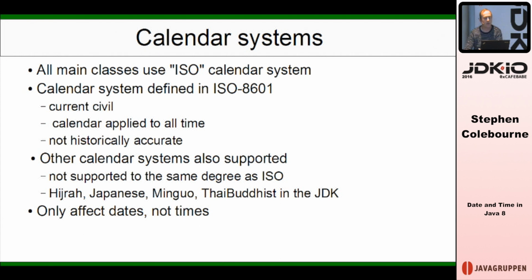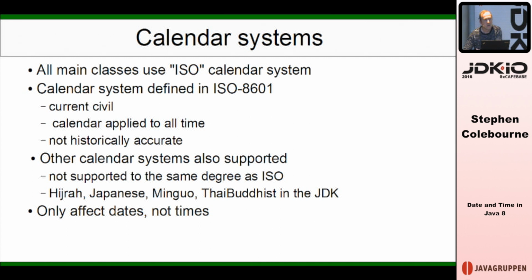So there are other calendar systems. They are deliberately treated as secondary. So we have the Hijrah, which is the Islamic calendar system, Japanese, Minguo, and Thai Buddhist. Those are the ones Oracle felt were the important ones to include in the JDK, and they did most of the work in terms of developing them.